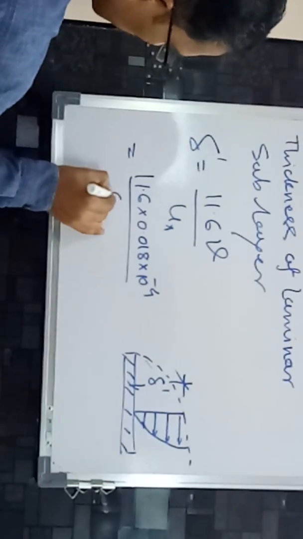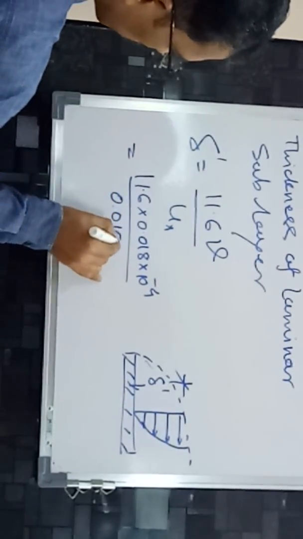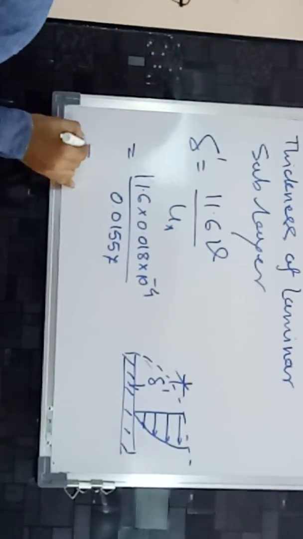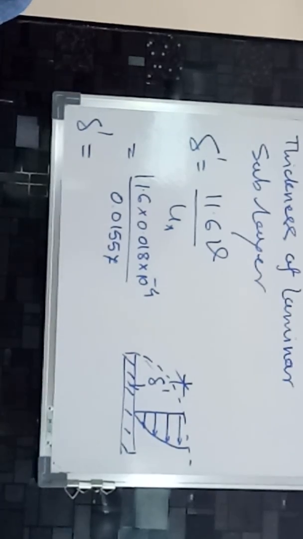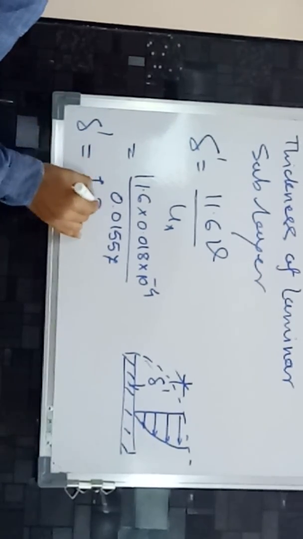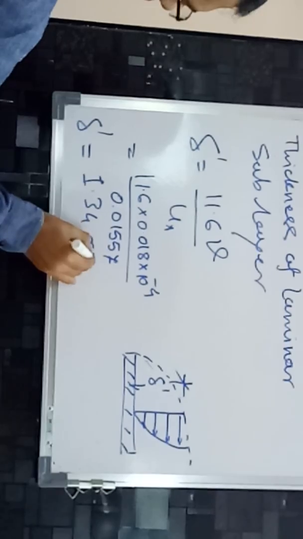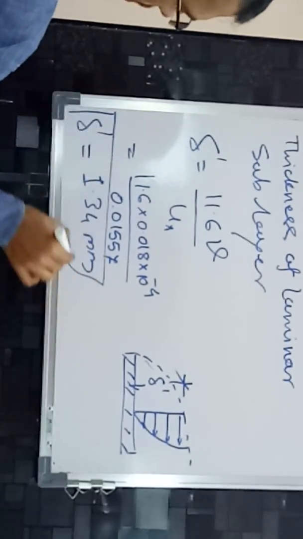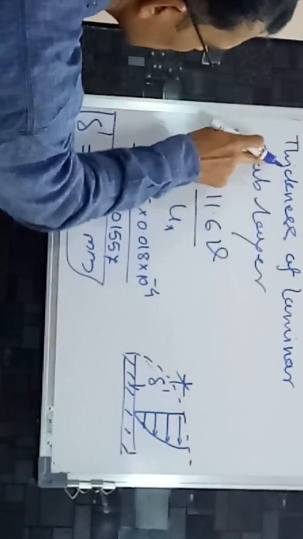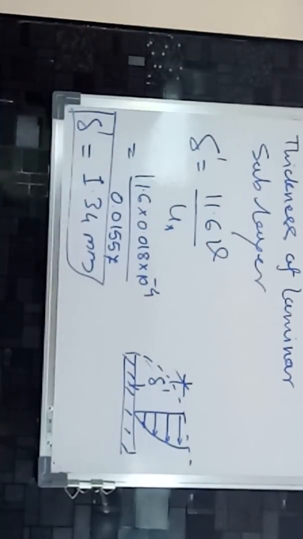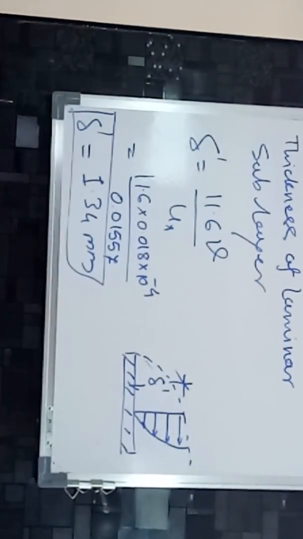So ultimately your del, that is 1.34 mm. It means this distance, thickness of laminar sublayer. Now you understand? Okay.